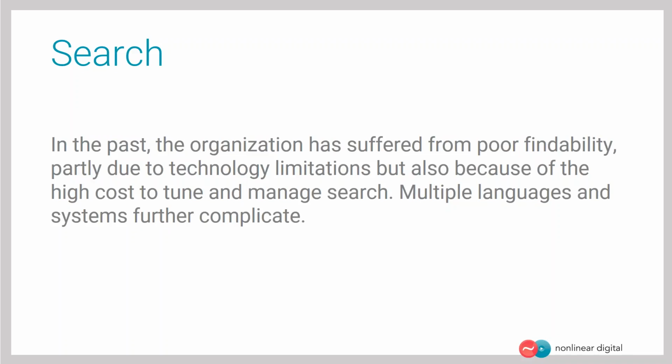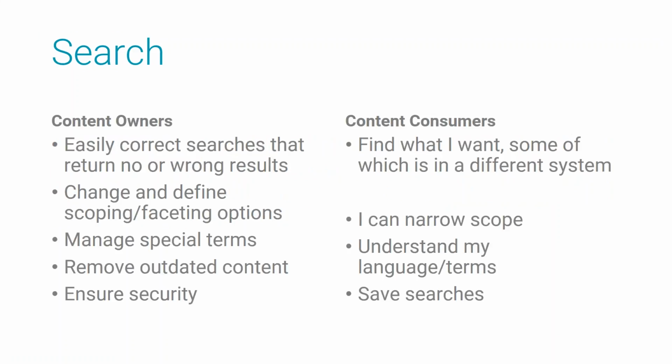Great, you've indexed the intranet, but what about the ERP, or what about the records management system? That's kind of a base level expectation. So when we look at the content owners, correct search results, and again, correct I think has a special meaning in an intranet case. The ability to change and define the search UI and present options to the users, pretty prevalent.